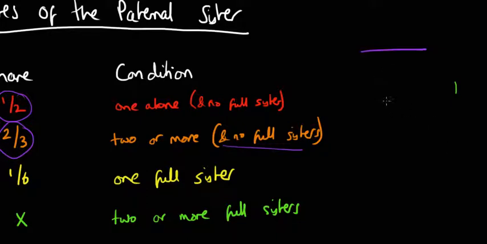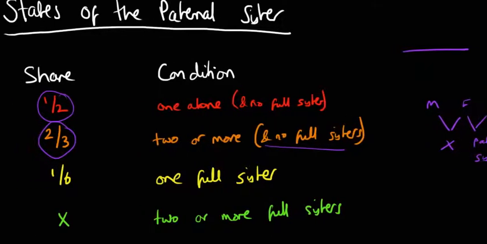So the full sister obviously has a double relationship to the deceased. They both have the same mother and father, whereas this paternal sister has a different mother from the deceased, so has a more distant relationship.